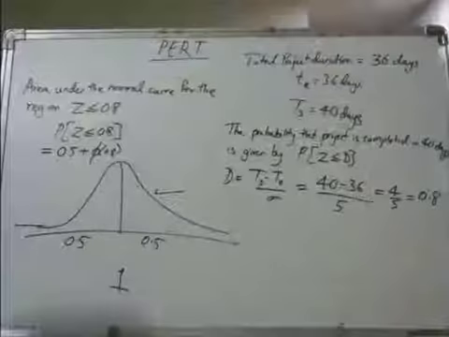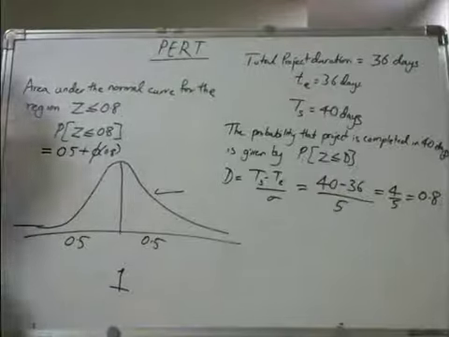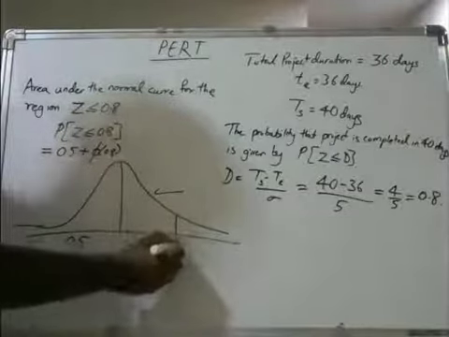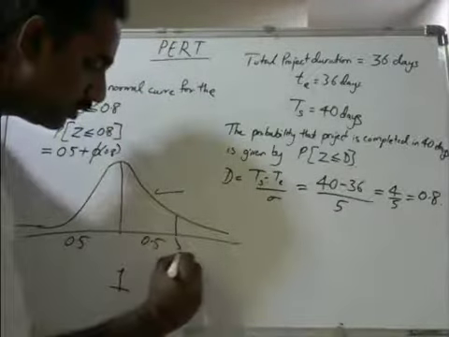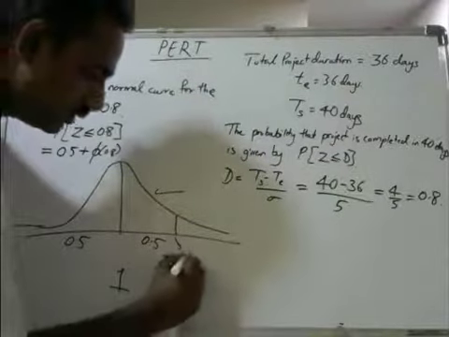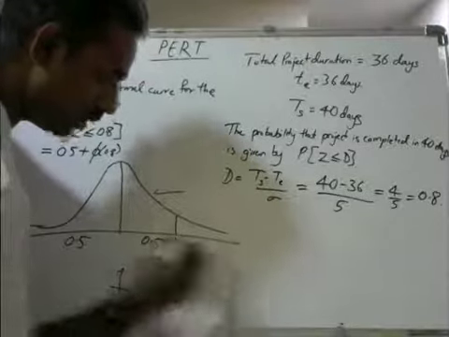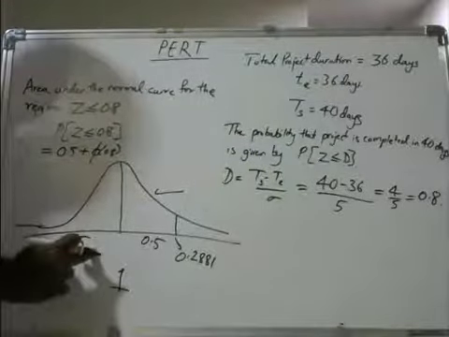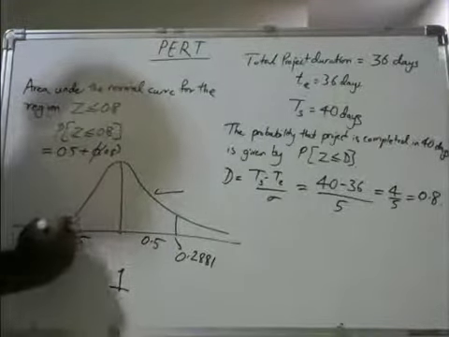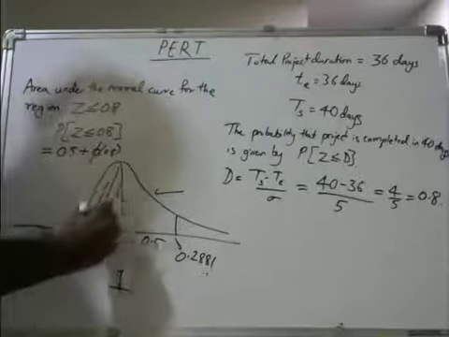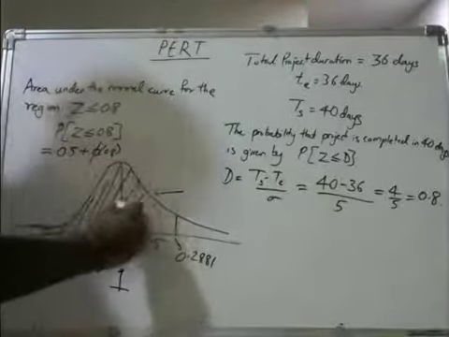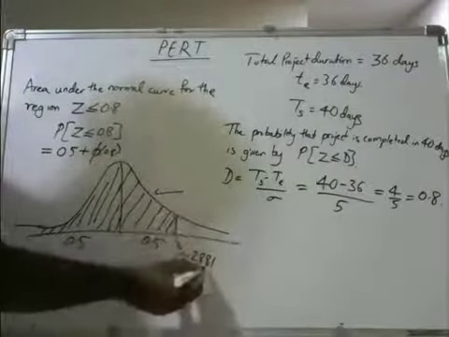Now come back to the problem. This value we have got is 0.2881. Now this one is 0.5. Out of this 0.5, it is 0.2881. So you are covering the entire area of the curve. This is 0.5 plus this area, which is 0.2881.